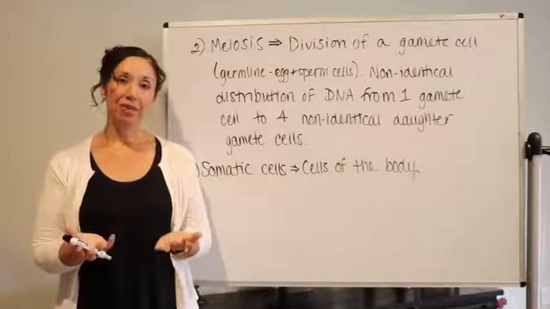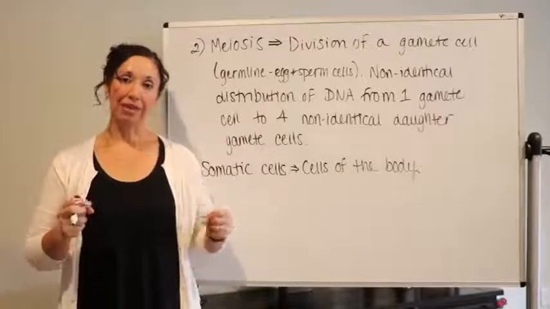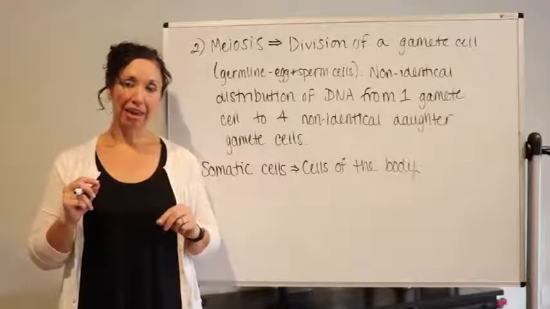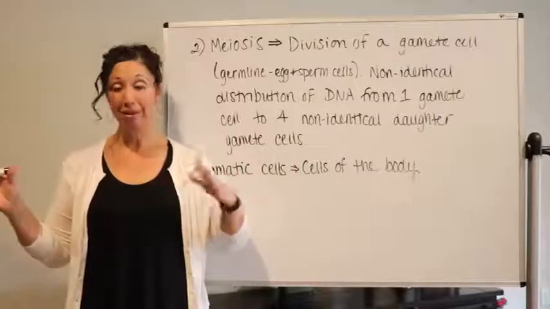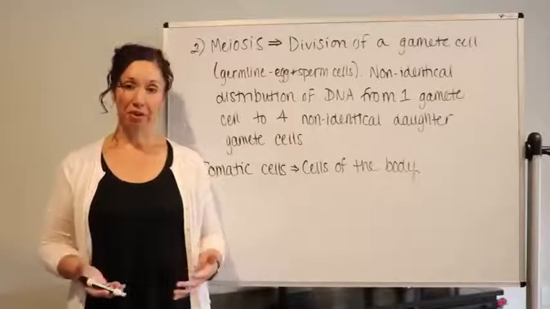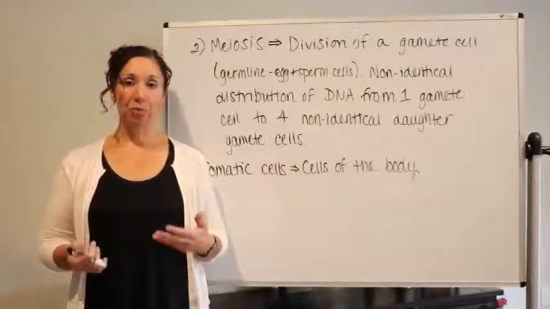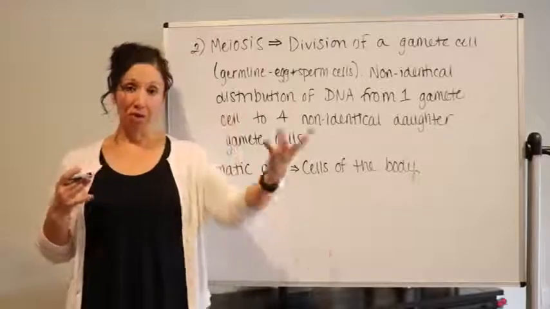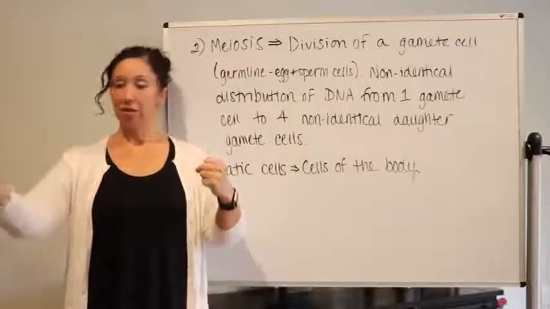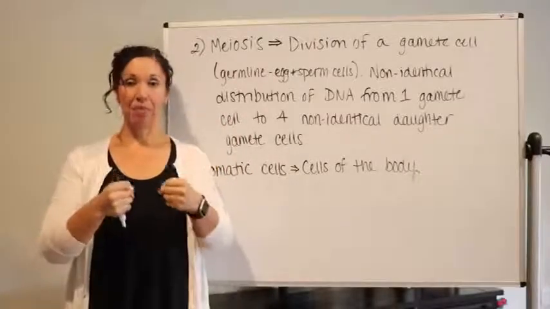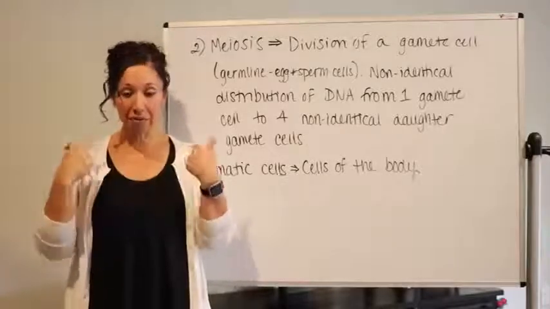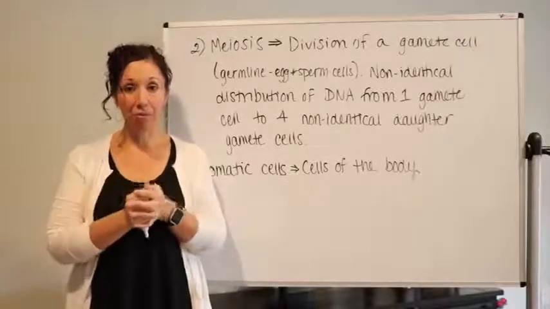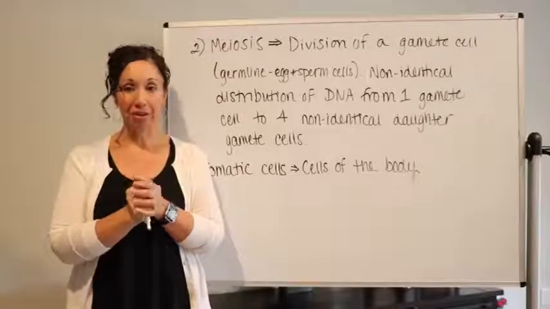If you've heard of things like 23andMe, certain companies that like to sequence your DNA and look at what kind of genes you have, are you predisposed to XYZ, whatever it is, the reason it's called 23andMe is because we have 23 chromosomes from mom and 23 chromosomes from dad. That's what makes us us. So in total, in your somatic cells, you have 46 chromosomes in every single cell.